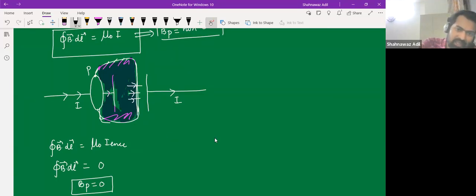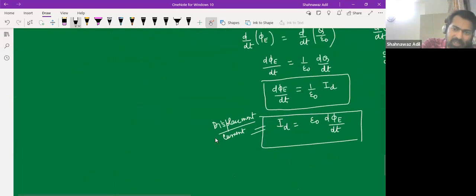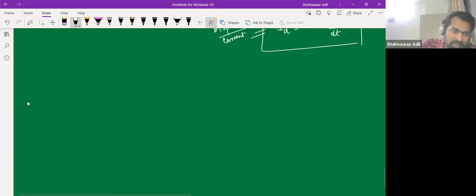We will understand that Maxwell correction, but let me write the displacement current first. So what is this displacement current?